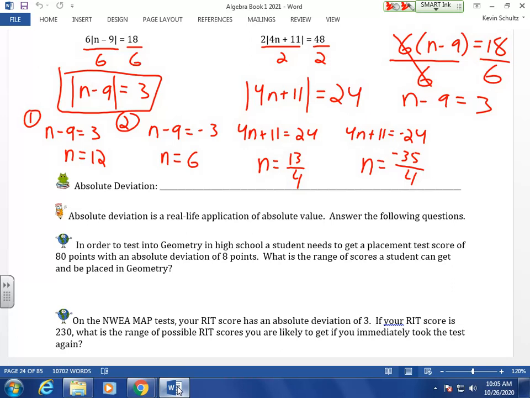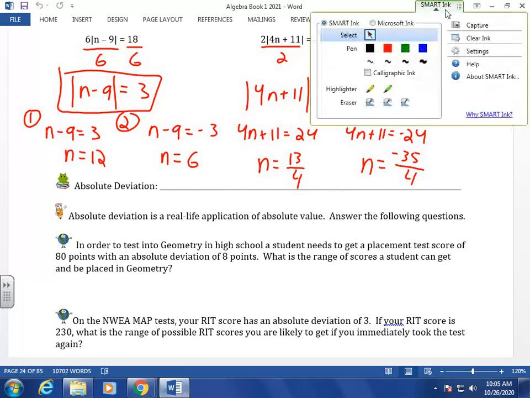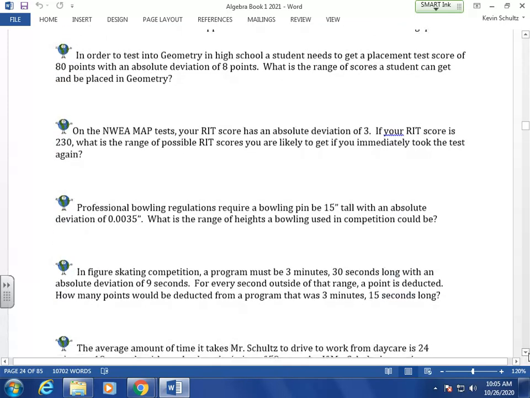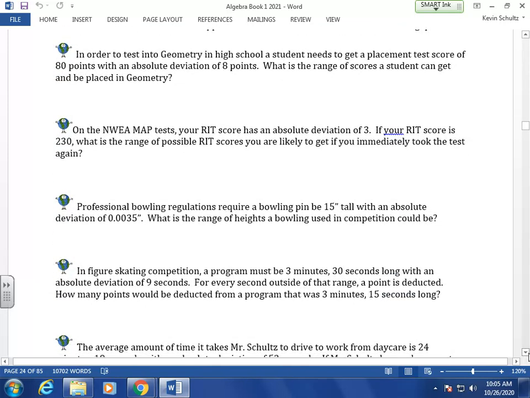So absolute deviation. Same idea as absolute value, only our target number isn't 0. Okay, it's going to be something else. We've got this geometry placement test here. The target score to get into geometry is 80 with an absolute deviation of 8 points. We talked about this one on the video. So 80 is kind of the middle of the road here. If you score an 80, you'll be average.